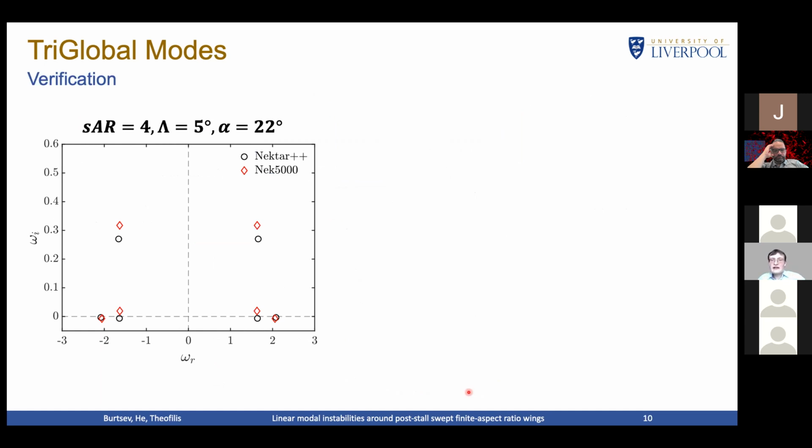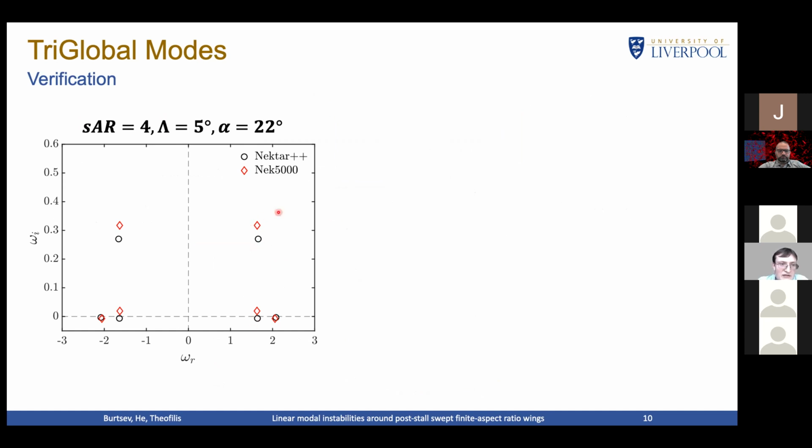So to verify our results, we have also used the other spectral code, NEK5000, to compute the modes. And here I show a comparison of the leading modes, the spectra, for the arbitrary swept case of 5 degrees. And we see very good agreement in terms of frequency between the two codes.